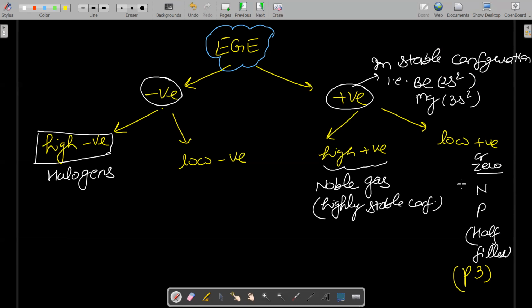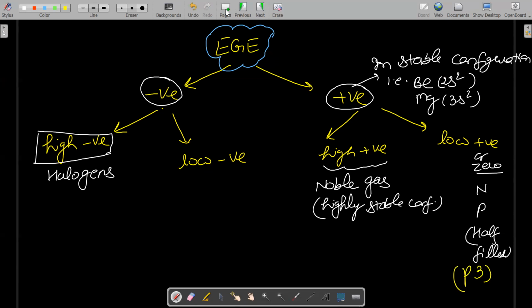For adding the electron, energy has to be given. So positive, or maybe very less positive or zero, but not negative. So we can say electron gain enthalpy should be negative because we need to add the electron. So it should be negative, but it may be positive also due to repulsion.